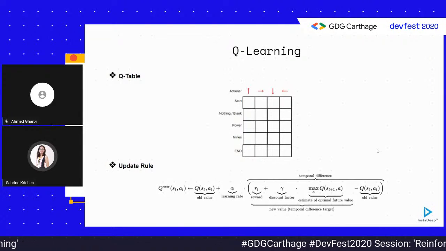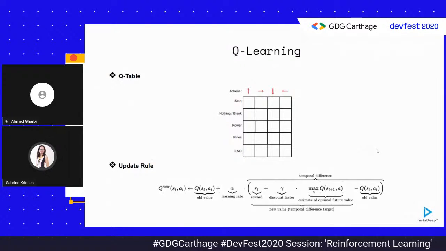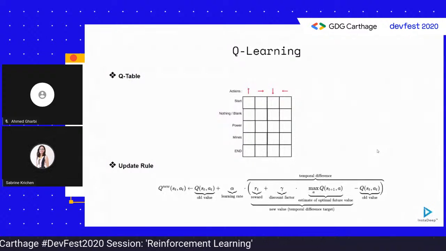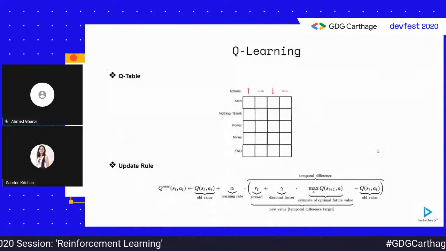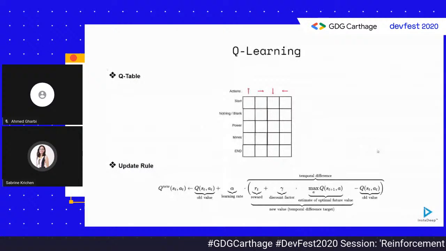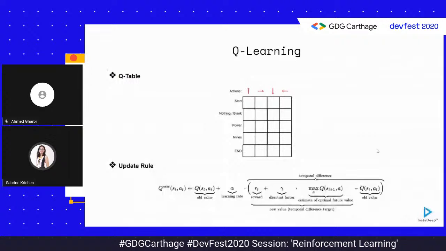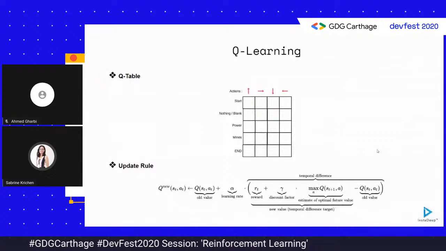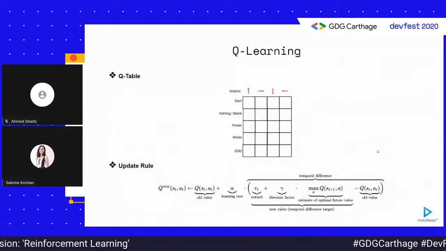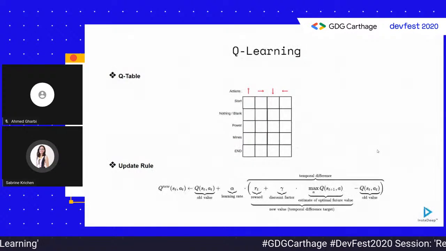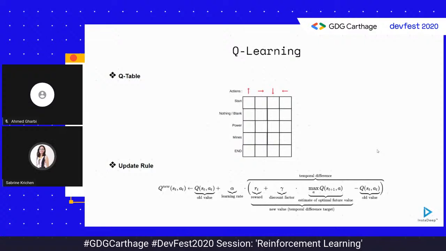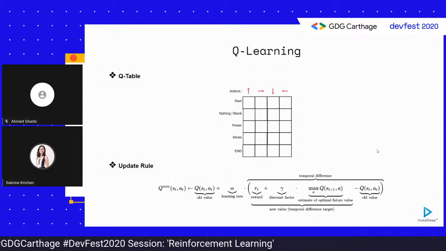And for the columns, we have the actions. So it's going to go up, left, right, or down. The goal of this Q-table is to calculate the maximum expected future rewards for each action and each step. So to make it simple, the table will guide us to the best action at each state.